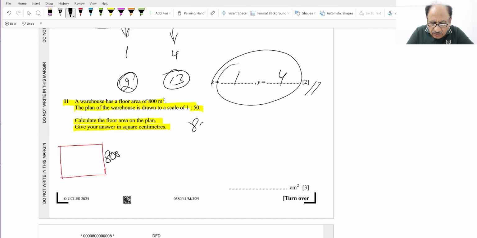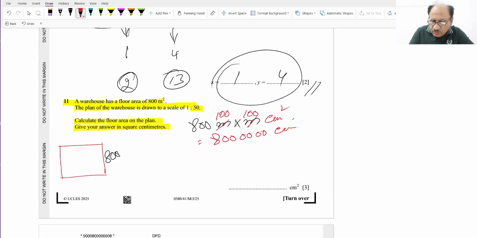So 800 meters square we can write like this, and for your explanation I'm converting these two separately into centimeters. So this will be 100 and this will be 100, and now it will be centimeters square. If we rewrite this, 800 and 4 zeros we need to add, this is centimeter square.